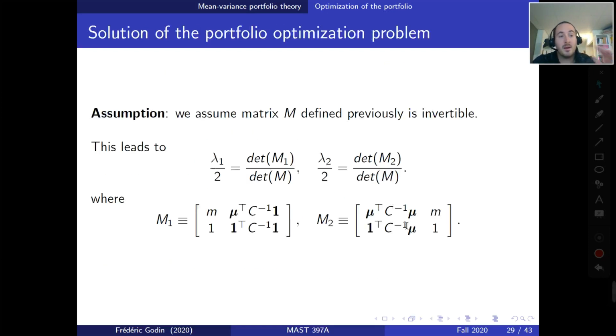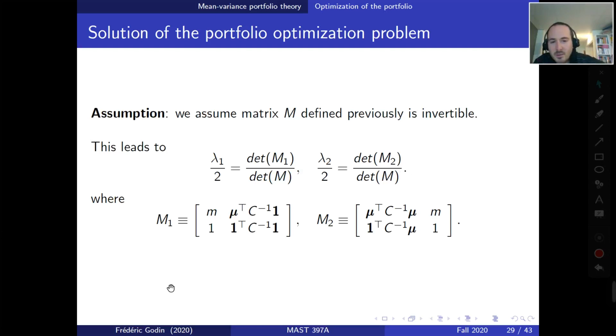So here, x1, which is lambda 1 over 2, by Cramer's rule is the determinant of M1 divided by the determinant of M. This is matrix M where we replace the first column by the vector B. And similarly, lambda 2 over 2 is the determinant of M2 divided by the determinant of M.